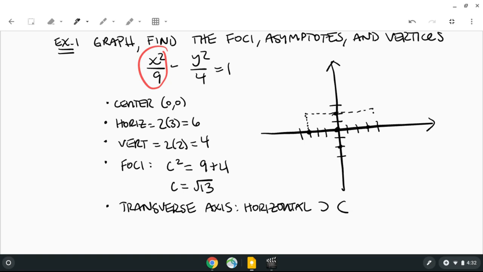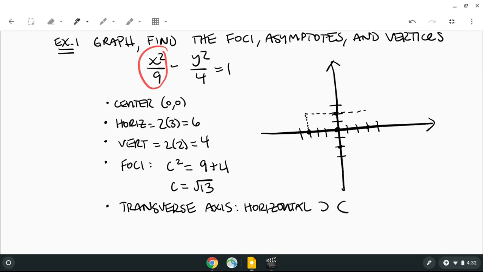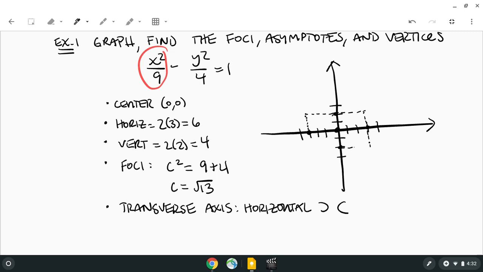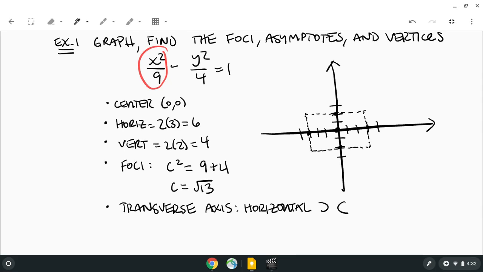Midpoints of each side. Okay, so you're going to draw your rectangle, and then you're going to draw an X. So think like X box.